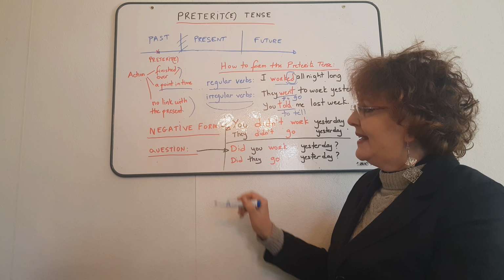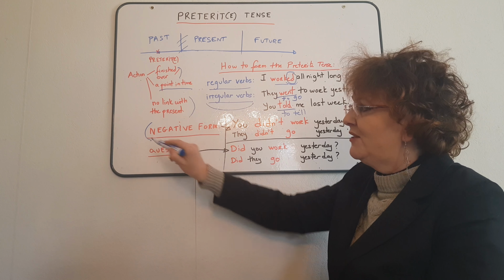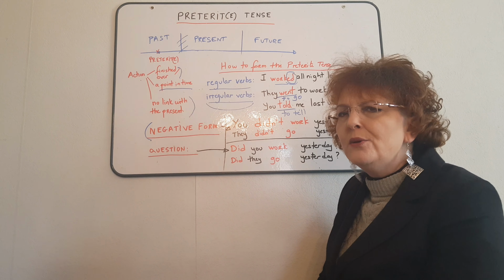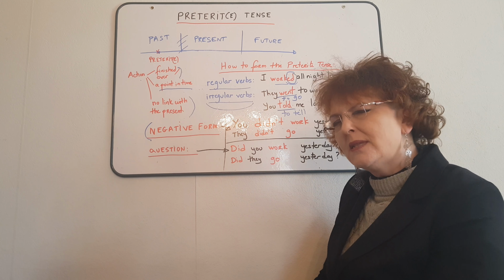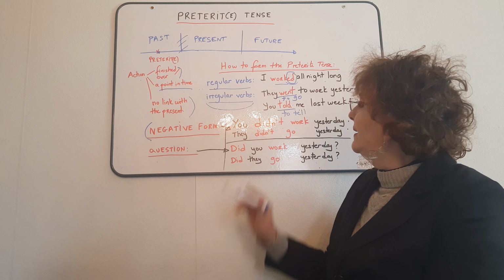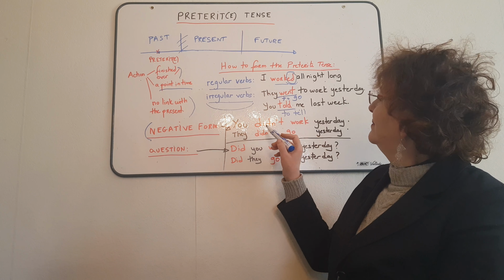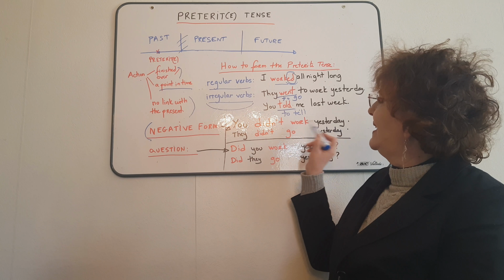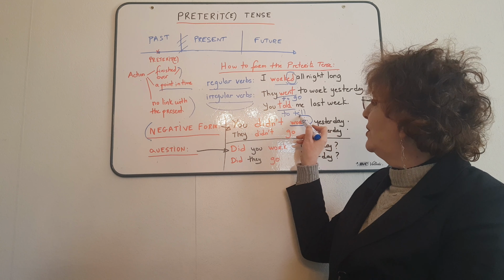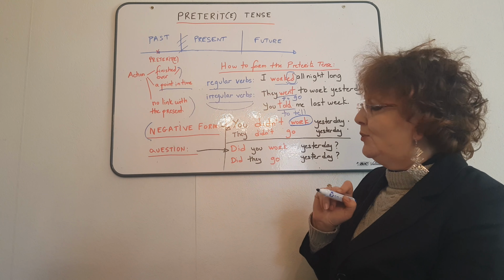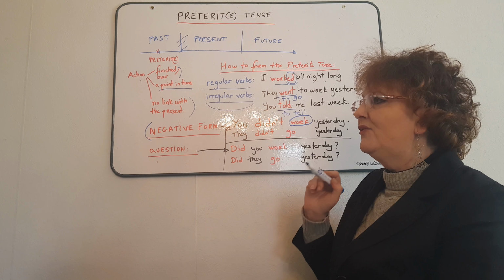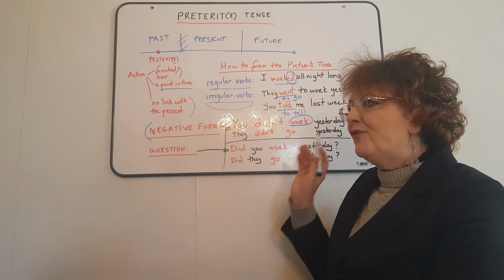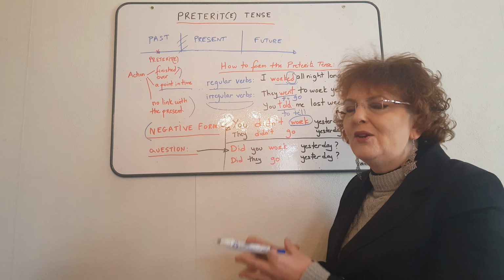Now, let's say that we want to speak in the negative form. How do we use our preterite tense? Well, it's quite simple, really. If I want to say, you didn't work yesterday, I cannot put my verb in the preterite tense in the negative form. My verb must have an auxiliary.